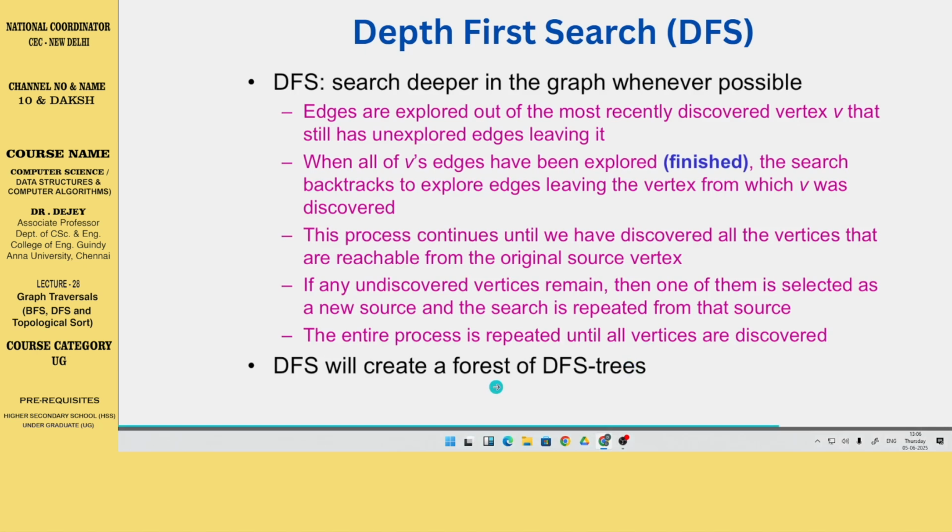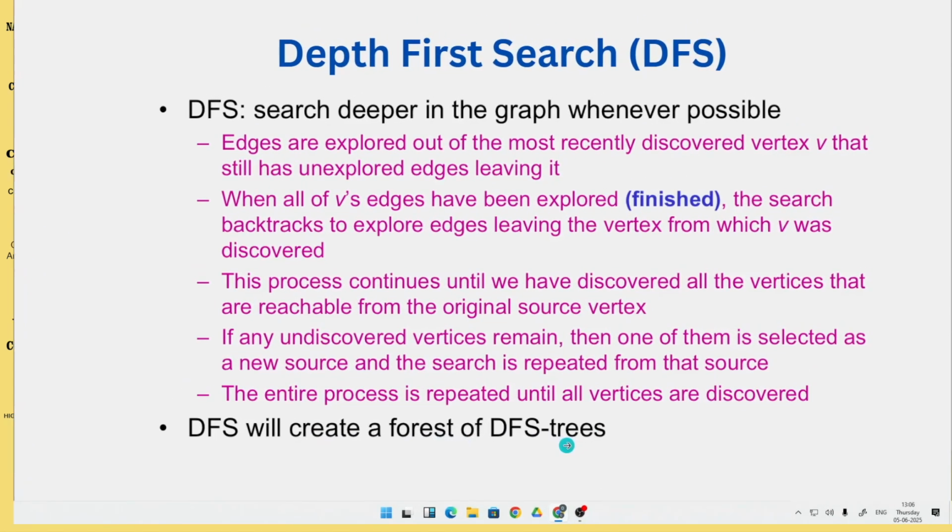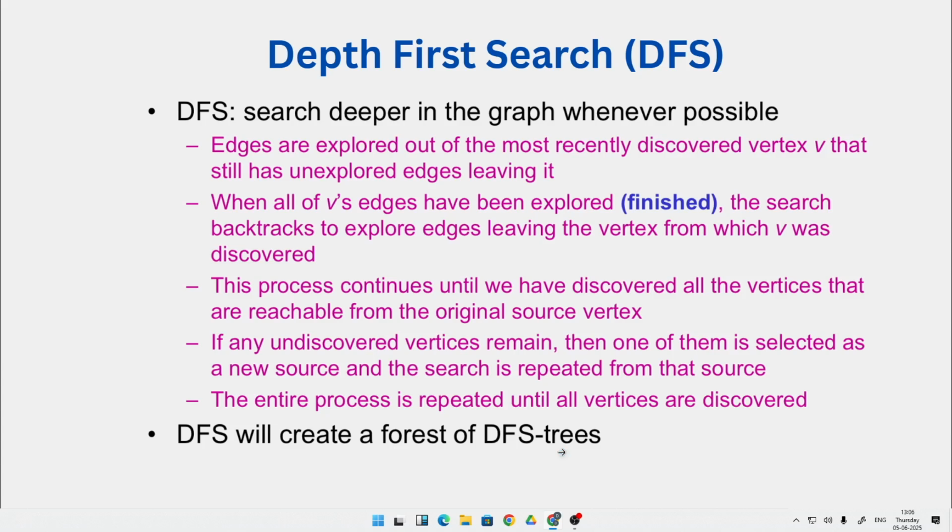So, if your graph is not connected, or if it appears as a set of connected components, your DFS will create a forest of DFS trees. So, as such, like we had a BFS tree as an output for BFS search.